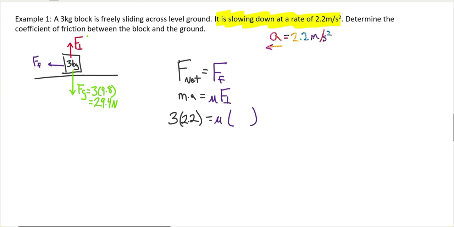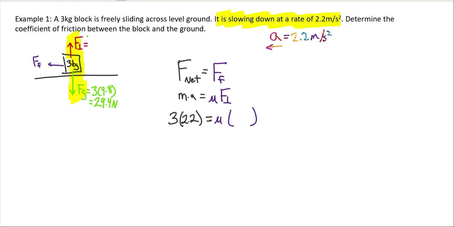But do I know the normal force? Well, it wasn't given in the problem, so I'm going to have to find it using the same techniques that we used in yesterday's video about normal force. Looking at the situation in the up-down direction, I see that these will be balanced because the box isn't moving up or down.